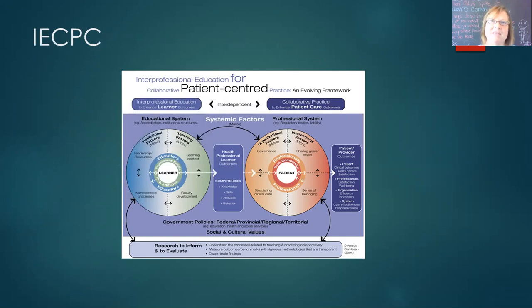When you're looking at traditional healthcare that's managed within the provincial system, we look at provincial or regional regulations. We also look at the people who live across this country and understanding our social and cultural values.